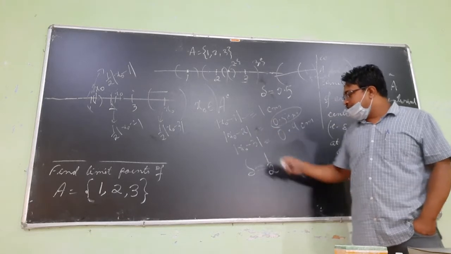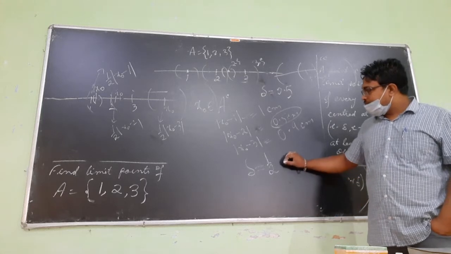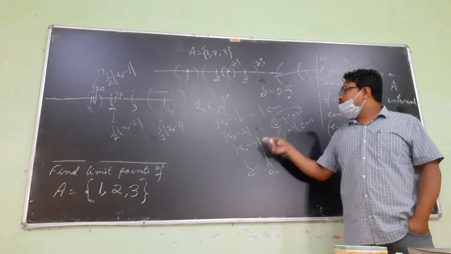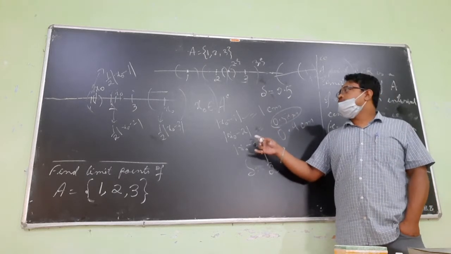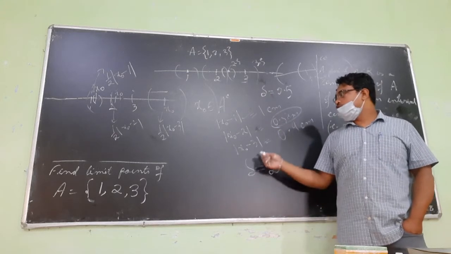Out of all this 3 distance, what should be delta? You have 3 different distances. Which one should I select, so that the open interval does not contain any other point?